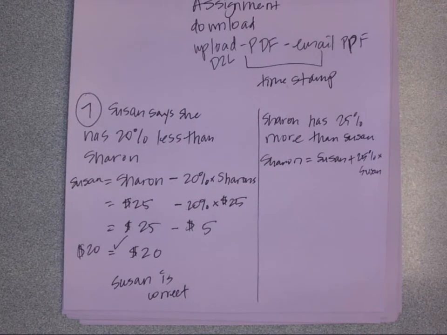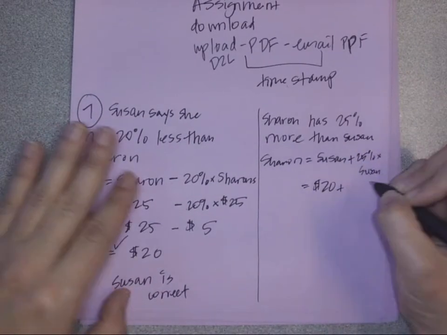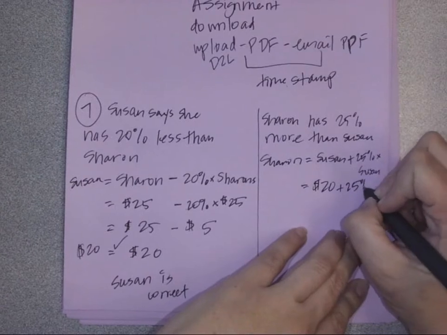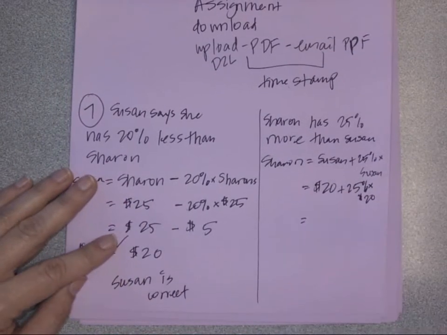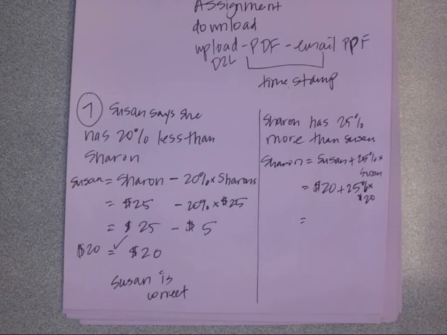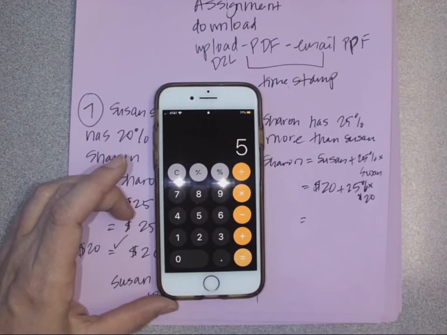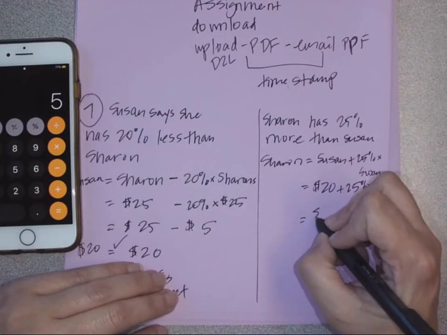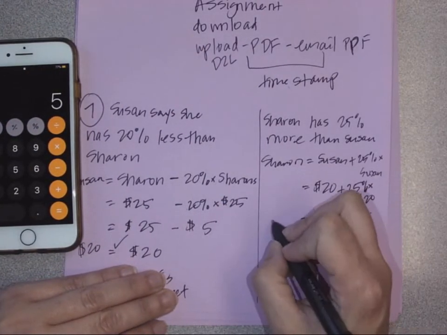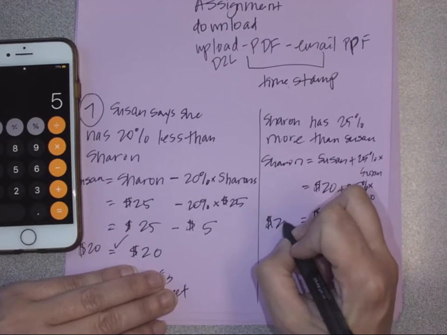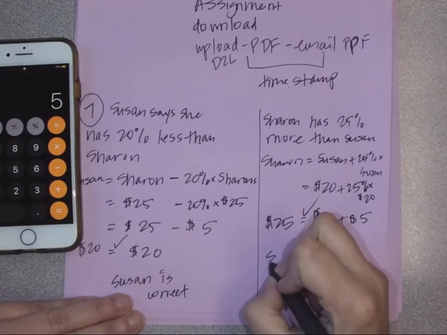So Susan's money is $20 plus 25% times $20. The 25% times $20 you can do on your calculator. $20 times 0.25 is $5. So $20 plus $5 does equal Sharon's $25. So Sharon is also correct.